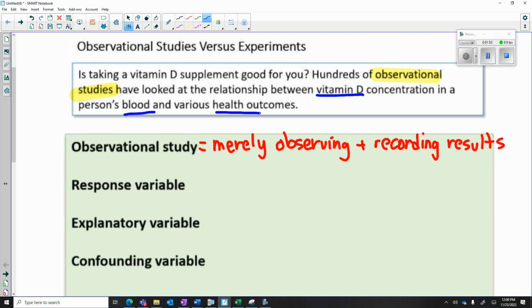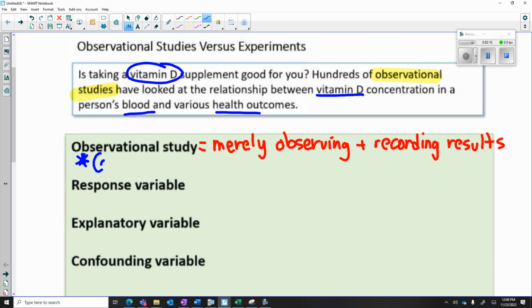They're just telling us about it. So this is an observational study because we're merely observing it, but we are not imposing that vitamin D on the participants. As a result, we can't necessarily conclude causation about vitamin D and if it's good for you or not. The only thing we can do is conclude correlation.